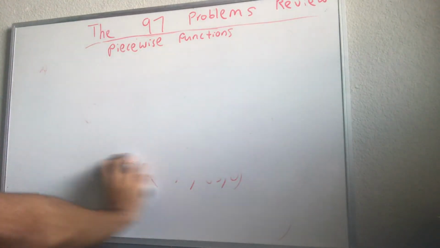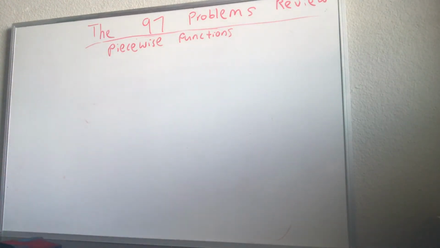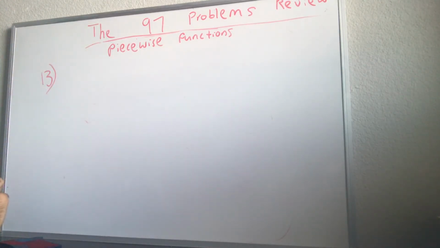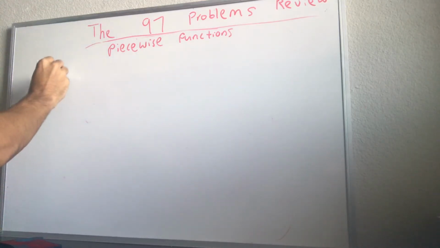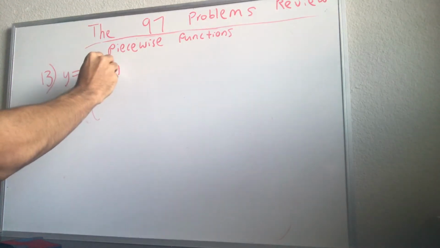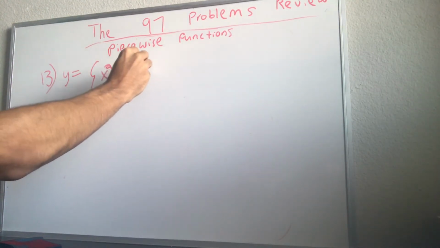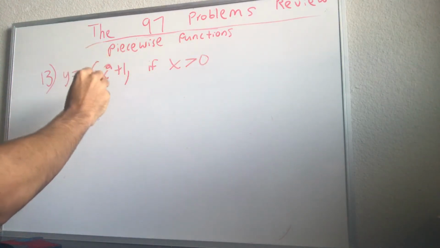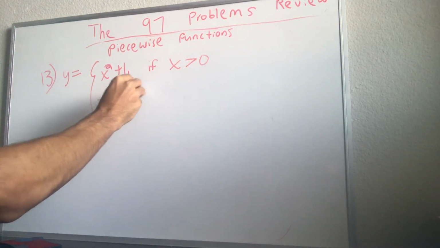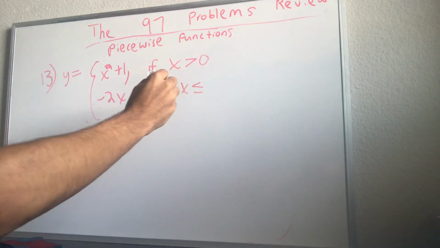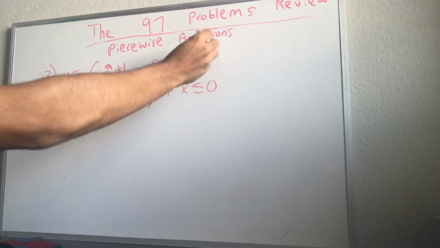So let's look at number 13 here, right? Number 13 states that y is equal to x squared plus 1 if x is greater than 0, and then -2x plus 2 if x is less than or equal to 0.